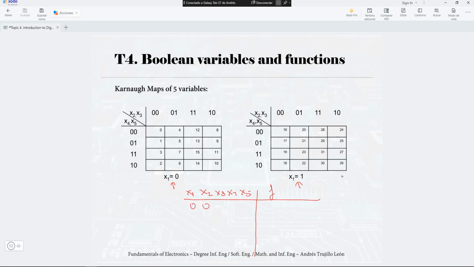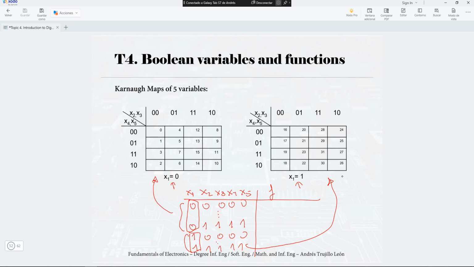we are going to have here the first 16 combinations, and this output is going to be in this kind of map. And for the following 16 combinations, we are going to use the other map, because in the first range x1 is 0, and in the other range x1 is 1.